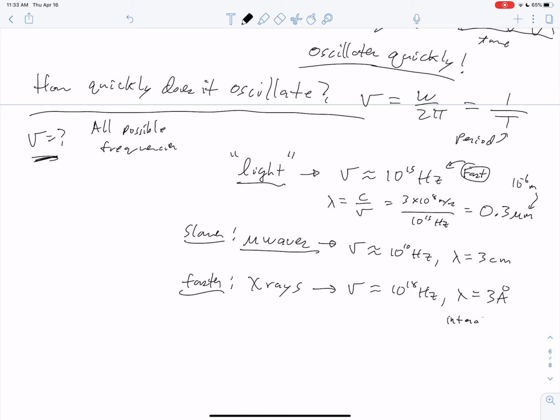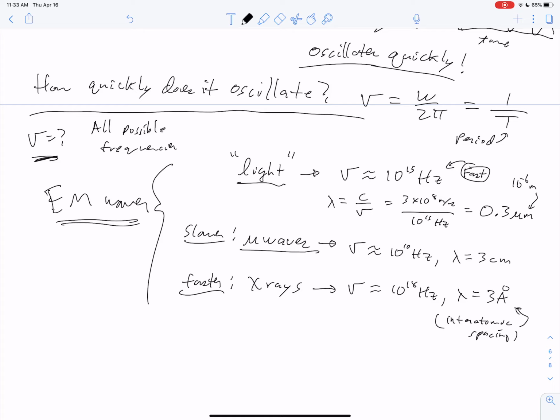So X-rays are very useful for probing crystals for that reason. Okay, so these are all different types of electromagnetic waves. And of course, there are many others too. You can go to higher frequency gamma rays and lower frequency radio waves. But I just want to make that point.